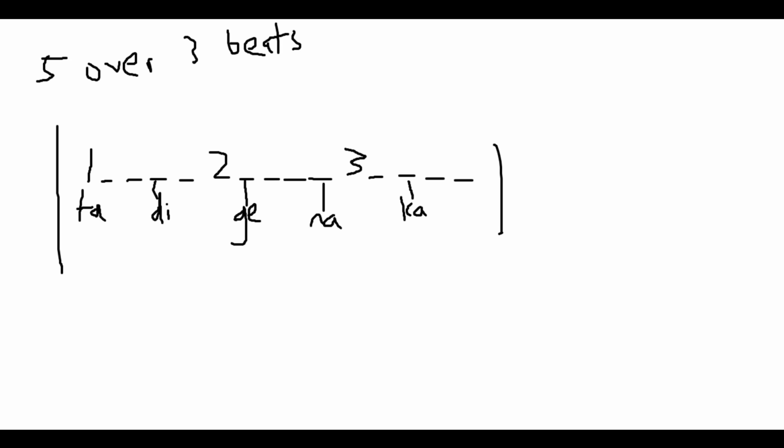And then also what'll help is notice the landmarks. Reference my PDF. The second beat is going to come right before ge, and the third beat comes right after na, like di ke na ka ta di ke na ka ta di ke na ka ta.